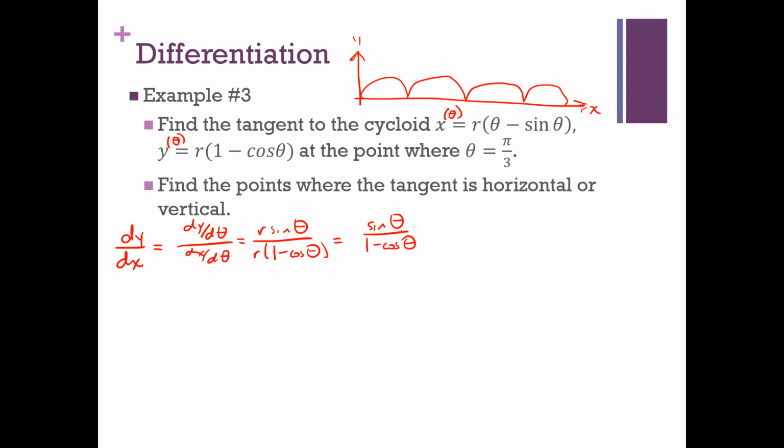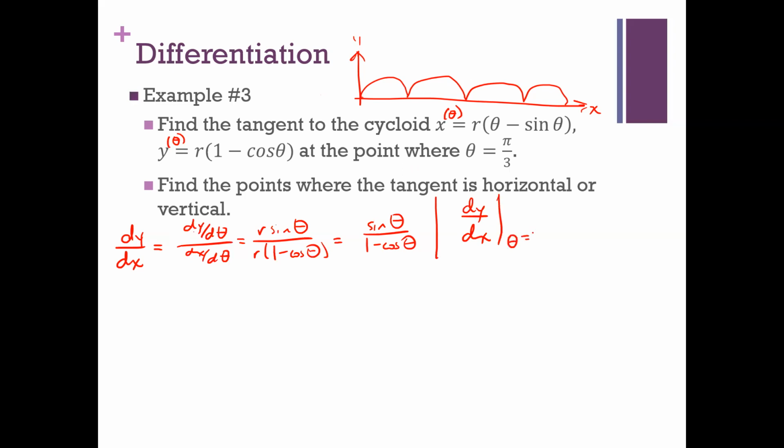No? Okay. So I believe that's a good expression for dy/dx. What do I want to do with it now? What am I really asking about? Plug in pi over 3 to my dy/dx.